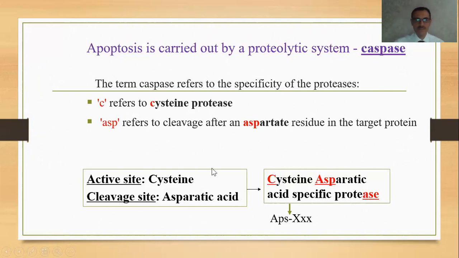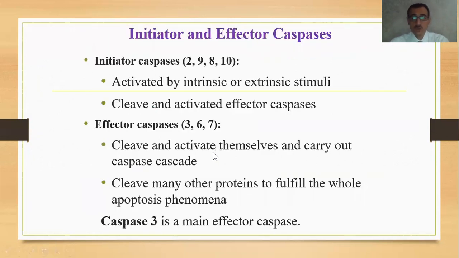shortly, caspase. There are 2 groups of the caspases: initiator and effector caspases. The initiator caspases include 2, 9, 8, 10, which are activated by intrinsic or extrinsic stimuli, and cleave and activate effector caspases.